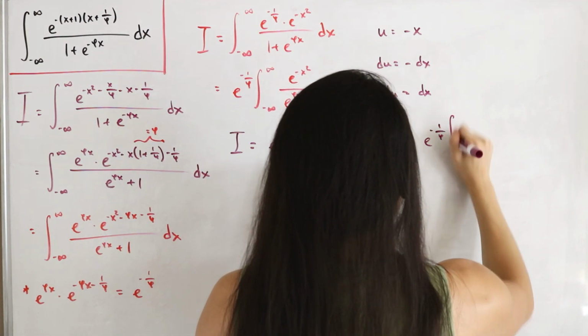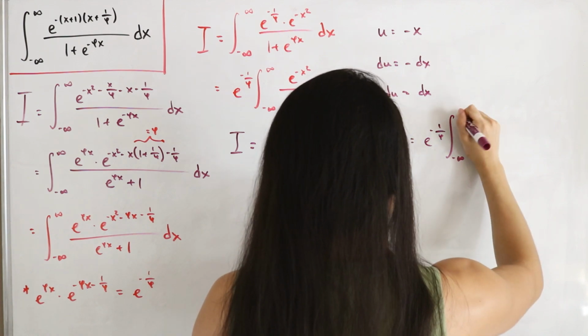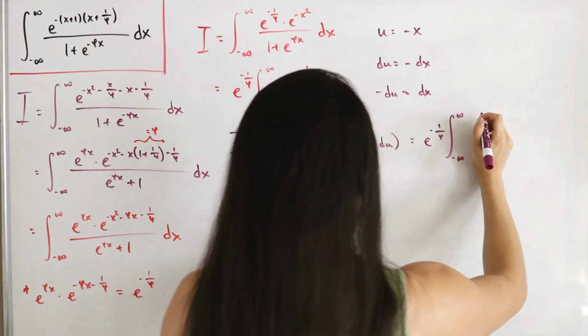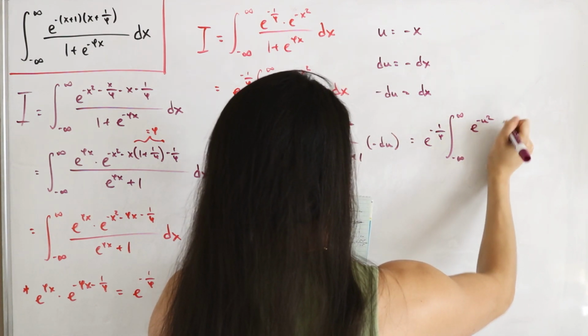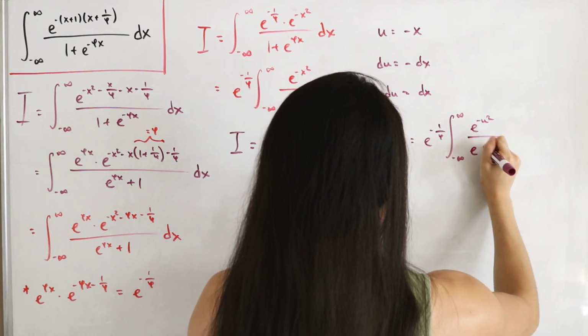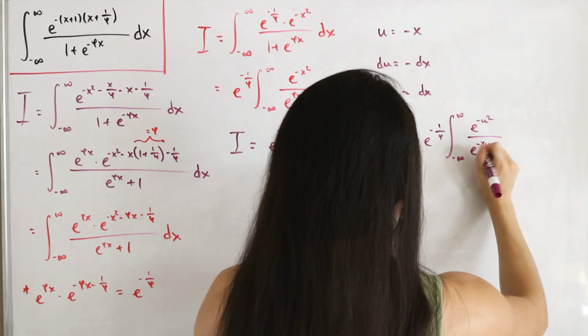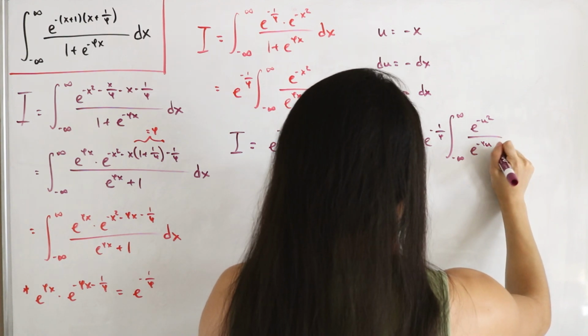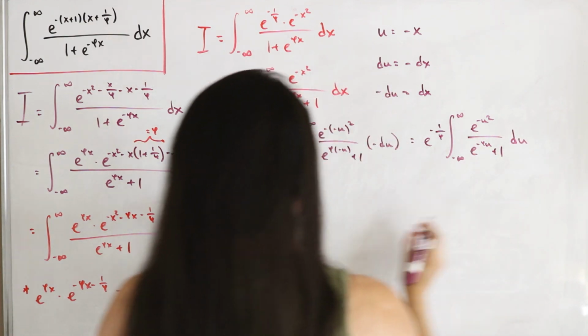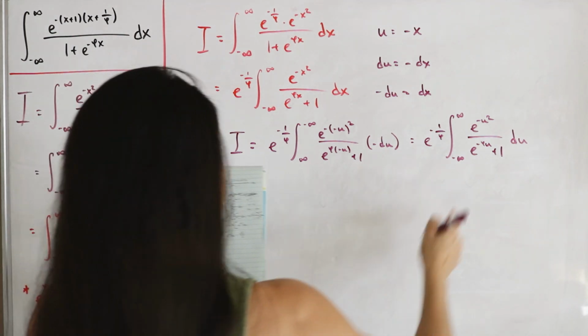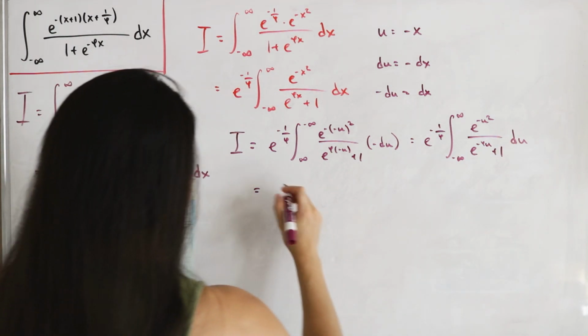And then we multiplied this. So negative infinity to infinity. Afterwards, we're left with e to the negative u squared, divided by e to the negative u phi times u, plus 1, du. And the next thing we'll do is multiply e to the positive phi u to both the numerator and denominator.